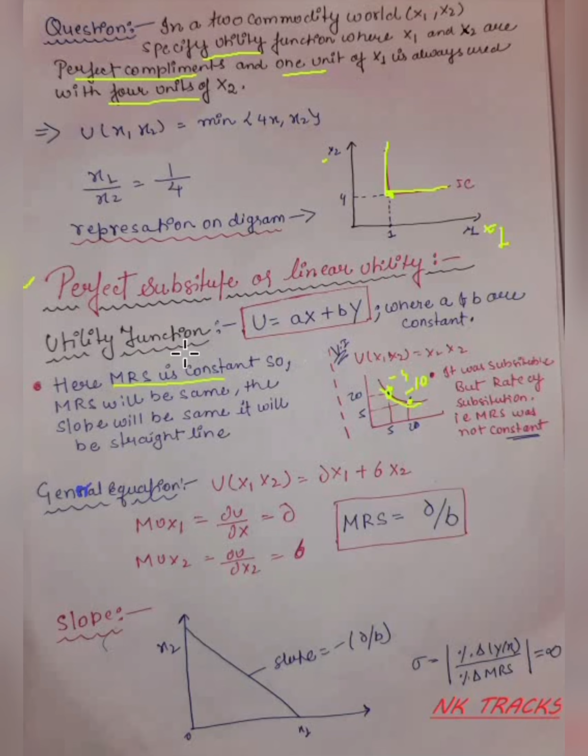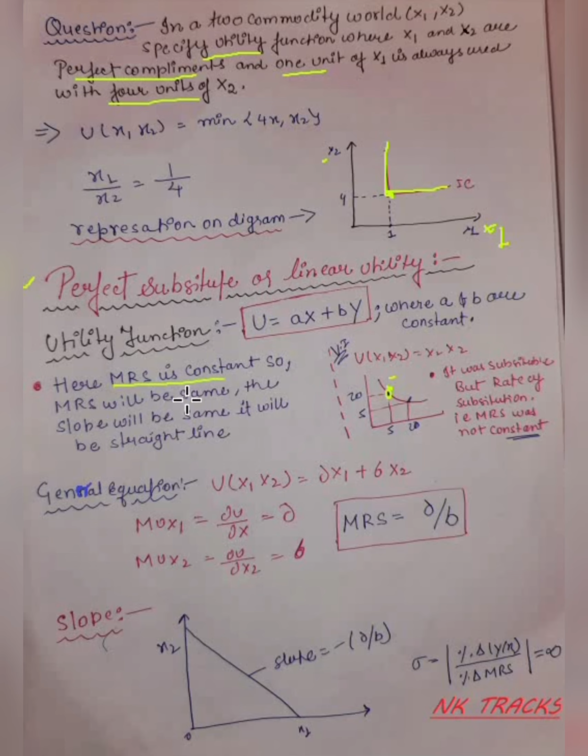But here in the perfect substitution the MRS is constant. That's the reason why it will form a straight line. Okay, so always remember that the rate of substitution is not constant in normal substitution, but in the linear or a perfect substitution the MRS is always constant.